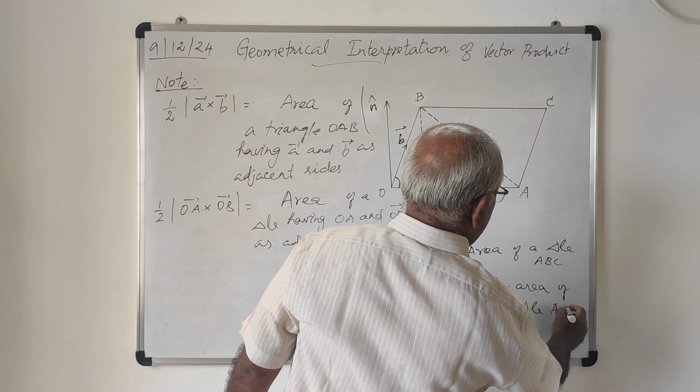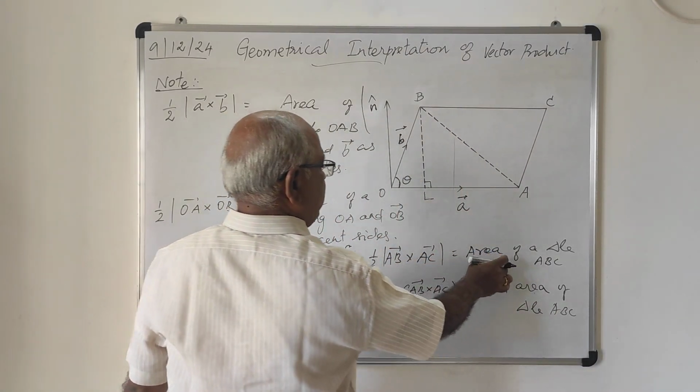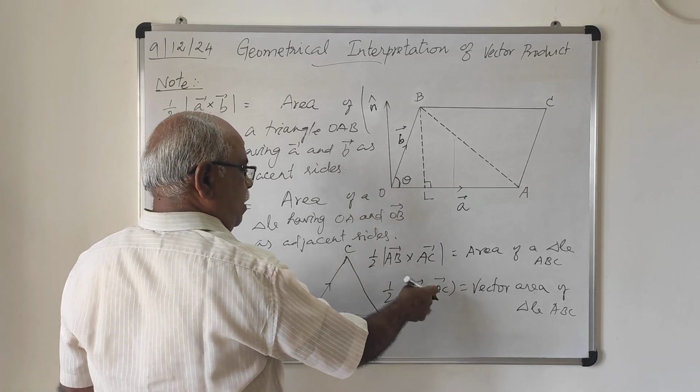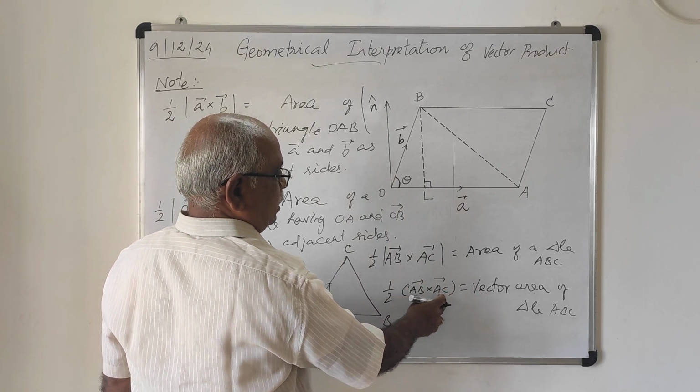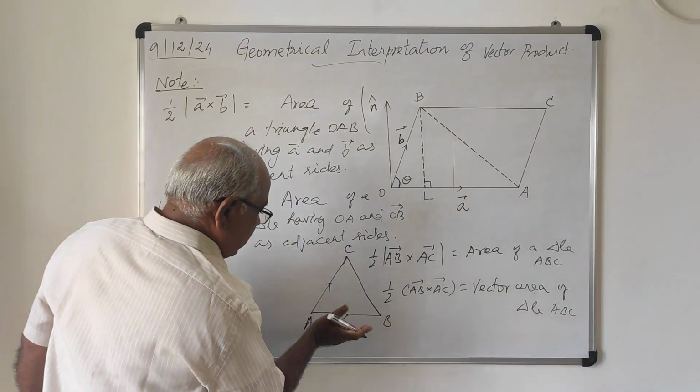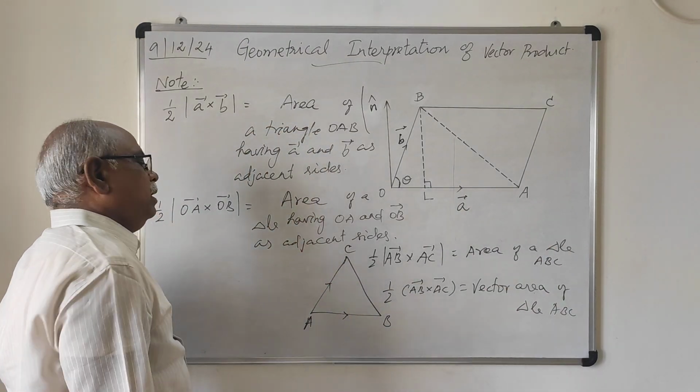This is the difference. If you put modulus, that is the area of the triangle ABC. If you do not mention the modulus, then half of AB cross AC is the vector area of triangle ABC having AB and AC as adjacent sides.